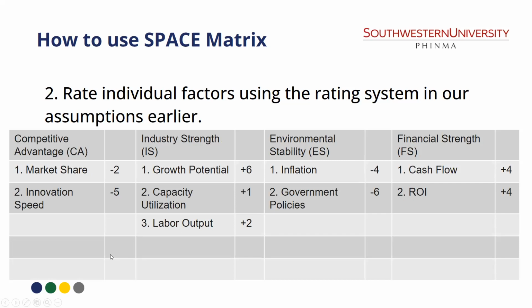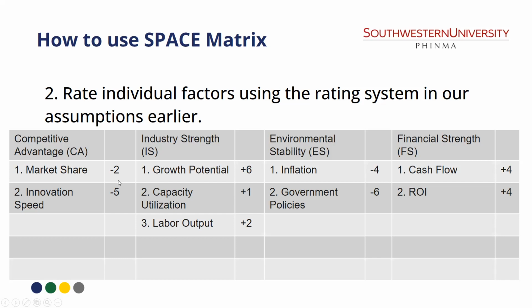So next, we need to rate individual factors using the rating system in our assumptions earlier. So how do we rate this? This is solely based on your judgment, when you compare your company versus the competitors versus the environment. For example, market share, I place this with -2.